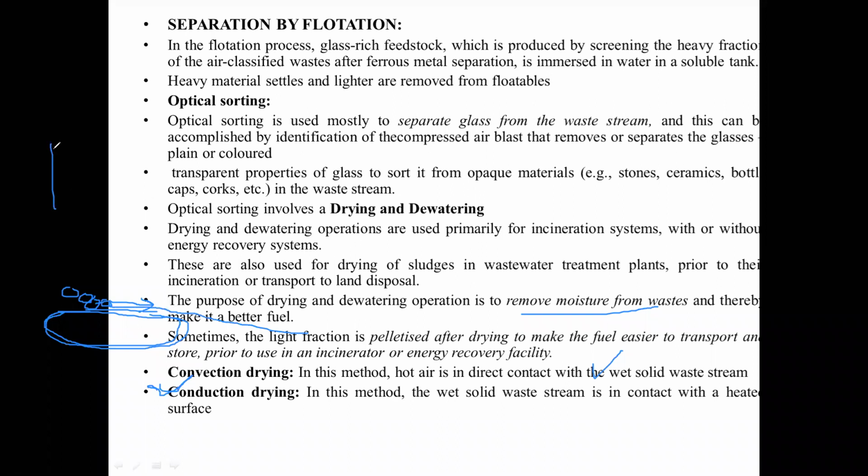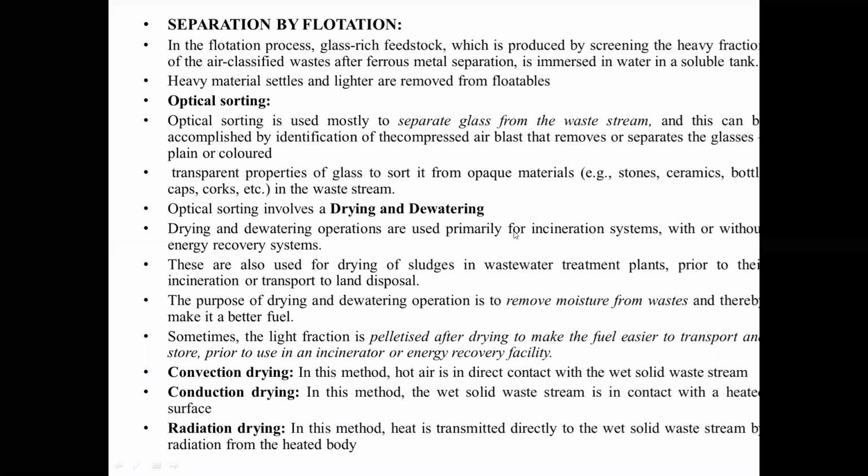Whereas in a convection system, in a place where you have stored your waste, you blow jets of hot air, because of which the water gets evaporated. So these are your convection and conduction systems. Then you have a radiation system.